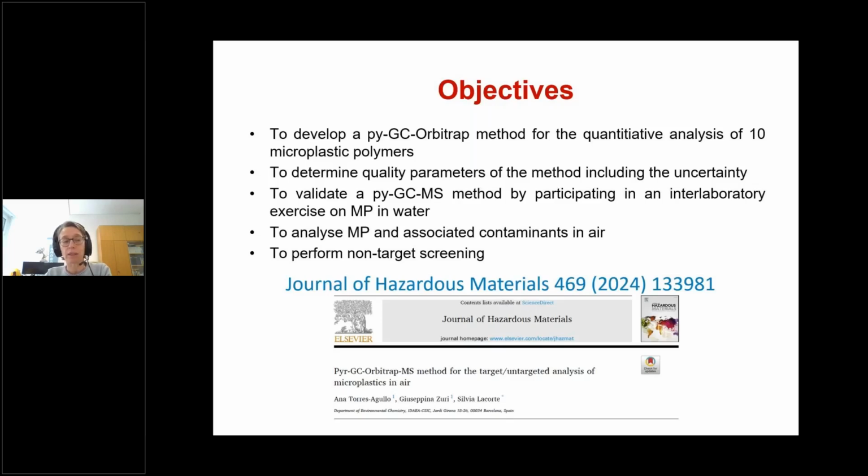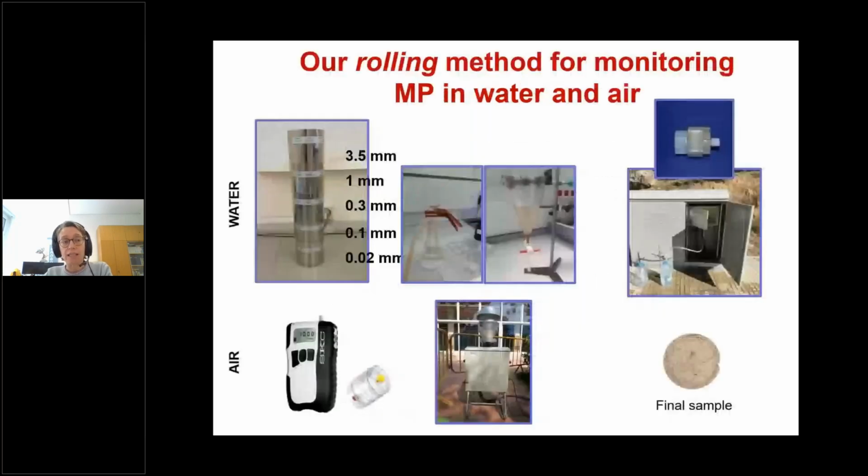The work that I am going to present now has been published in Journal of Hazardous Materials. Here is the publication that provides all the specific information on the method developed. One of the challenges is how to pre-concentrate the samples of the microplastics. It can be water, it can be air. We are working in these two matrices mainly.